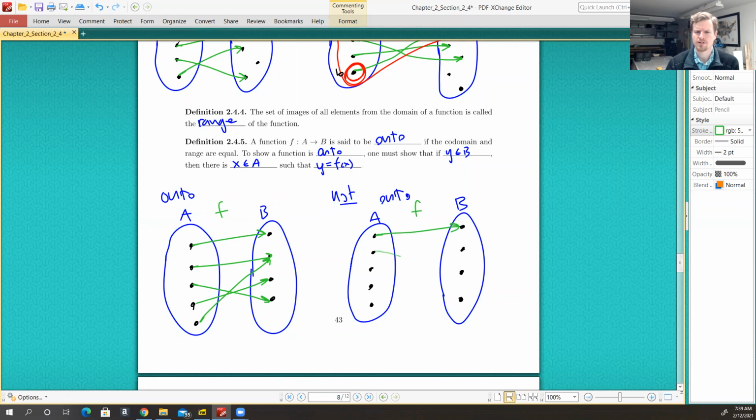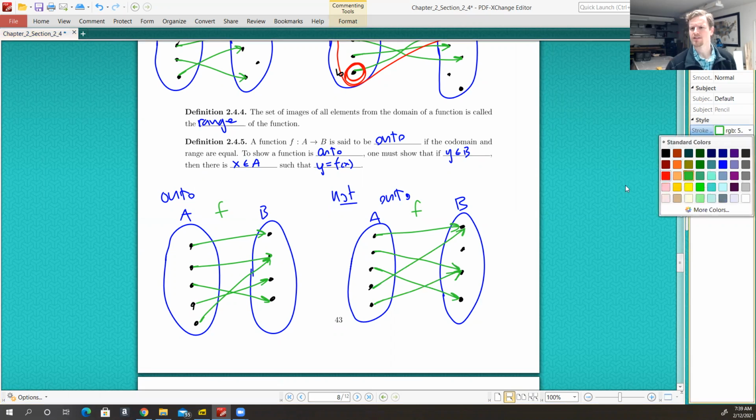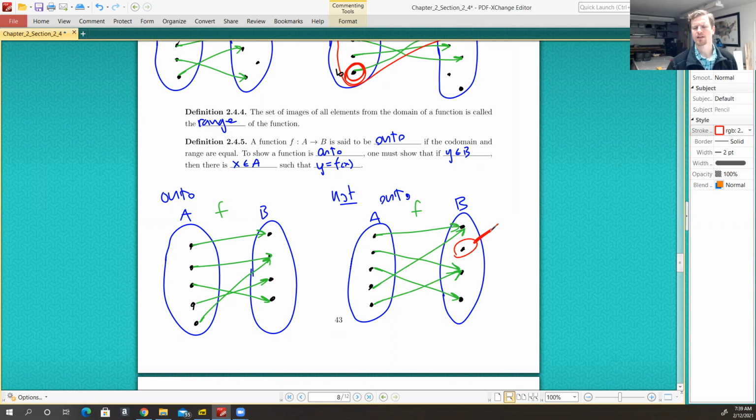That just means that there's at least one element in the codomain that is not the image of something from the domain. So here the problem is exactly this guy. It does not have a pre-image. It is not the image of something from the domain. It is not part of the range. This element is not part of the range. So B is not the range. The range is some subset of B. So this is not onto.